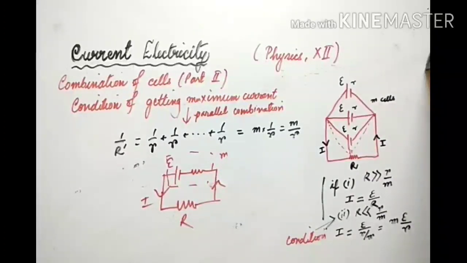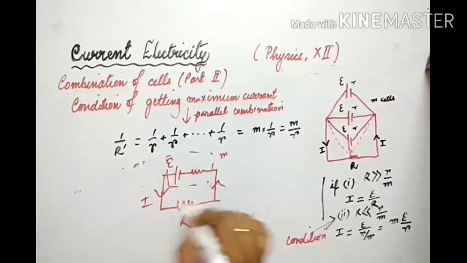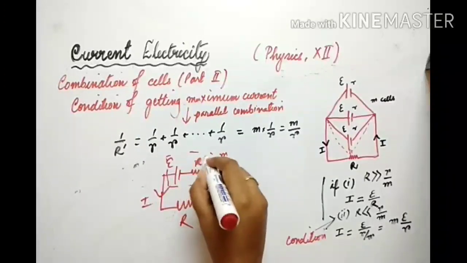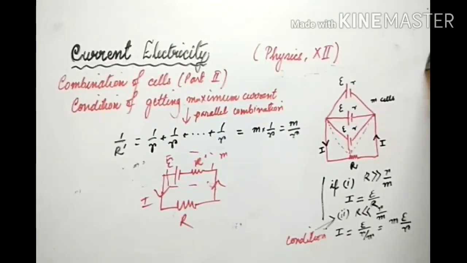M number of cells are arranged, meaning for M number of cells the equivalent EMF and resistance have been found out, which is r prime, which is equal to r by M. So this is the circuit.